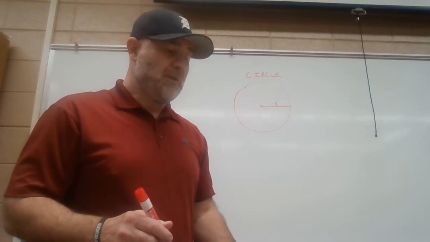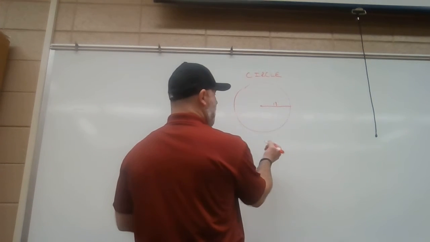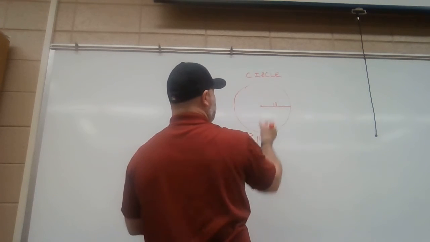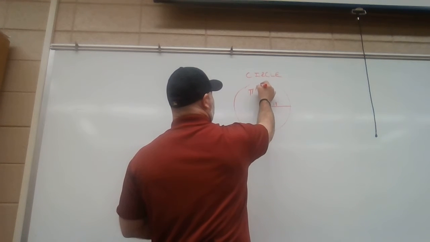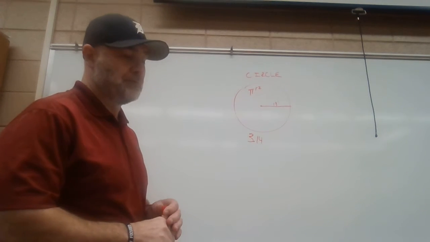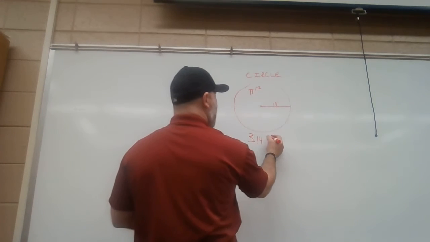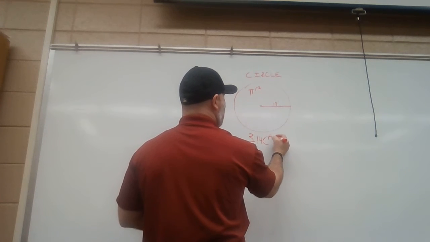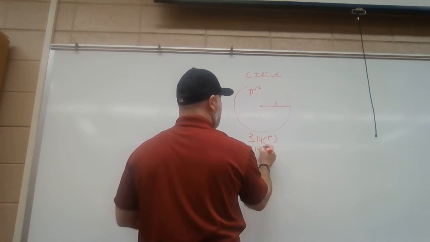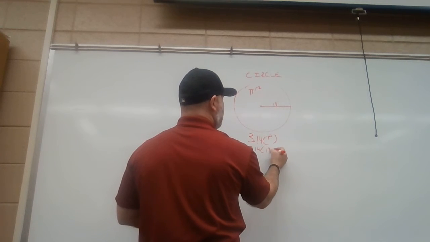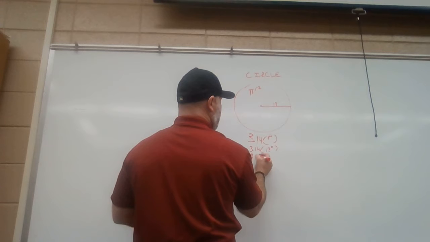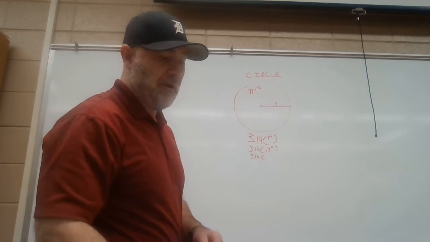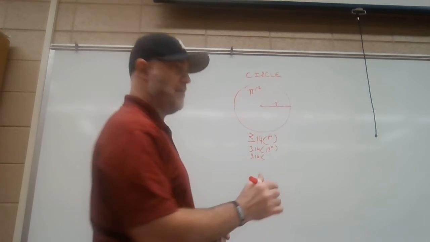So pi r squared, so 3.14. That's pi. So the formula, pi r squared for the area, and then times radius squared. So 3.14 times 13 squared. 3.14 times, do a calculator, I believe that's 3025.